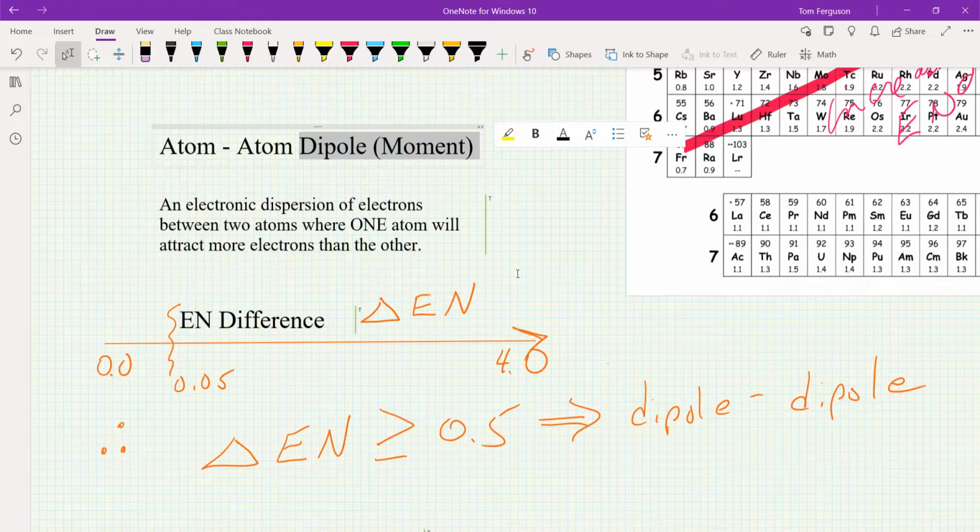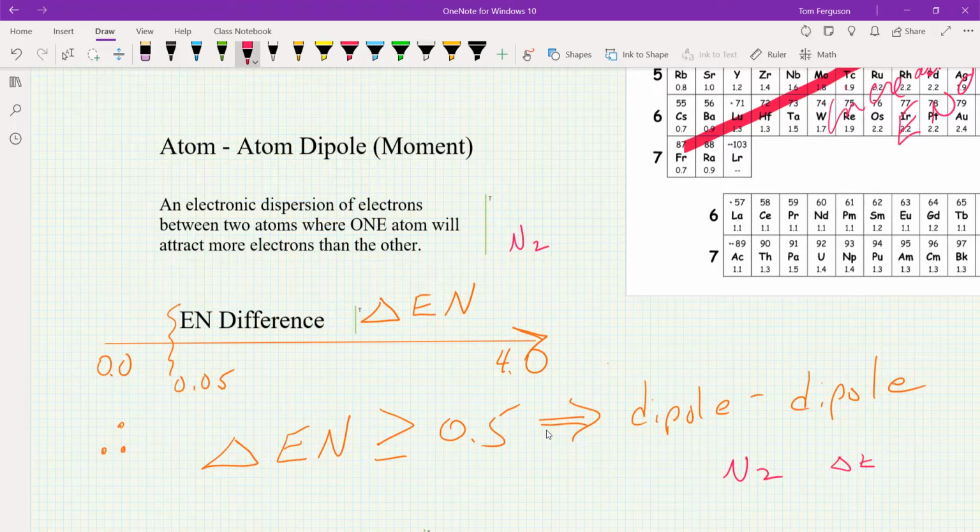Now, let's look at a couple of molecules here. Let's look at nitrogen. Nitrogen has 2 atoms of nitrogen. I've been coughing all day.